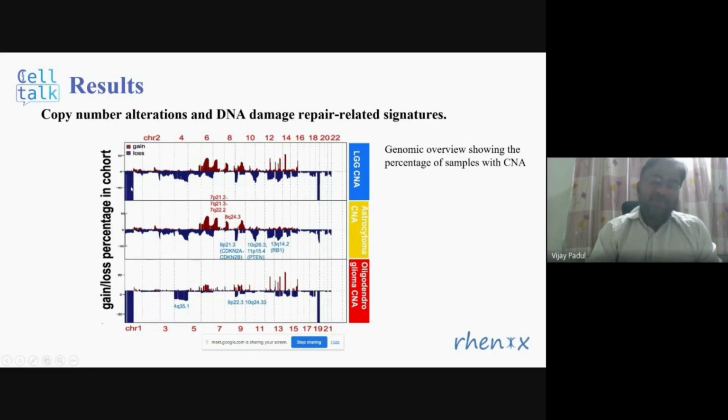So 1p and 19q co-deletion is the characteristic of oligodendroglioma, and it is seen to be enriched in the oligodendroglioma histological subtype, while chromosome 7 amplification is the characteristic of astrocytoma, so it is enriched in the astrocytoma histological subtype. And also they have seen the status of different genes such as CDKN2A, 2B, PTEN, and RB1. Its deletion was found to be prominent in the astrocytoma subtype.